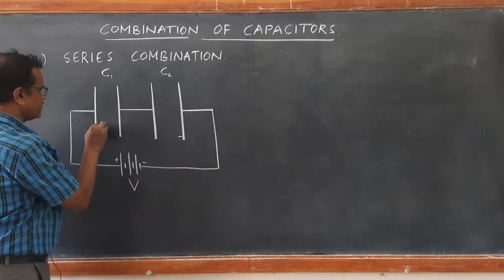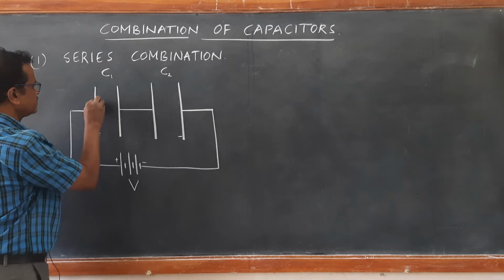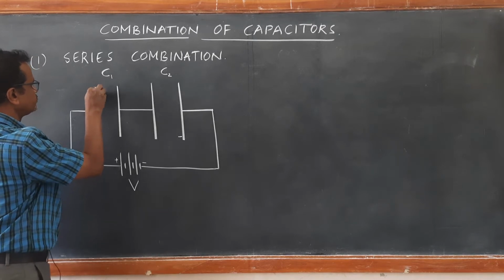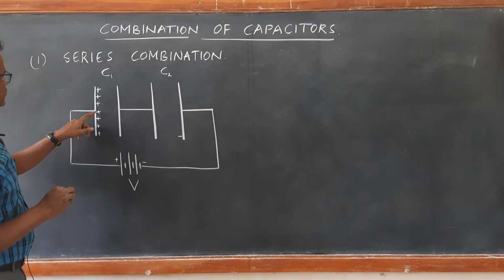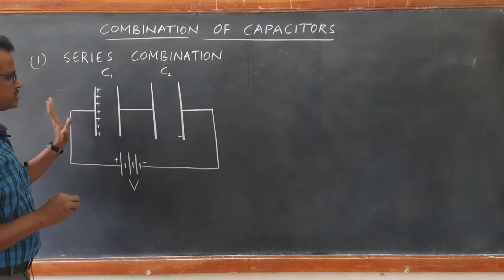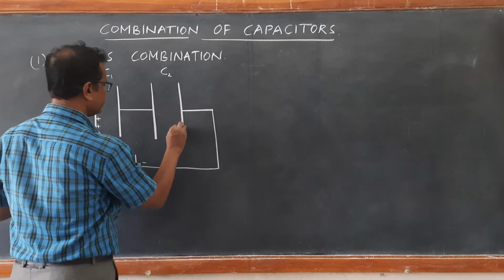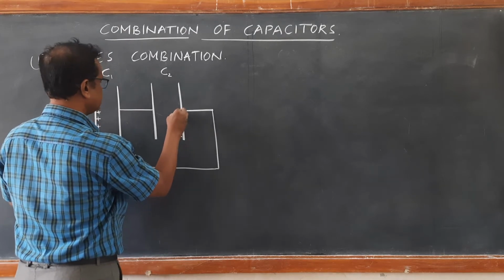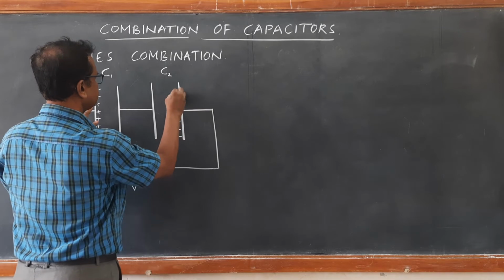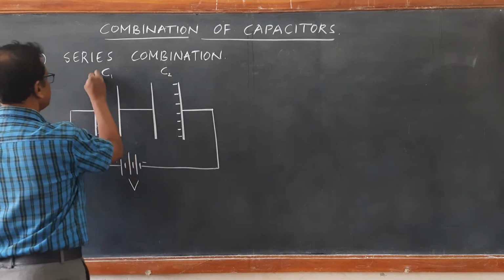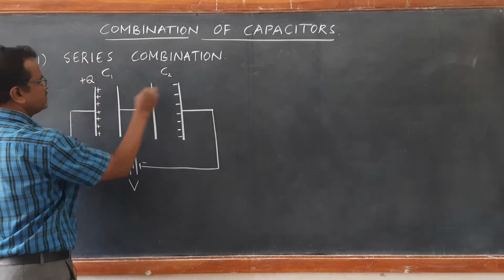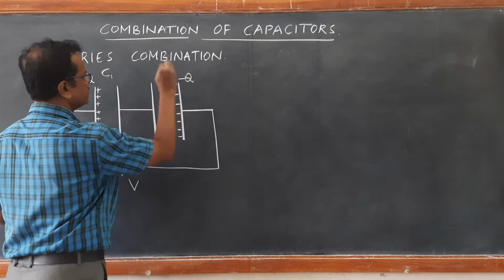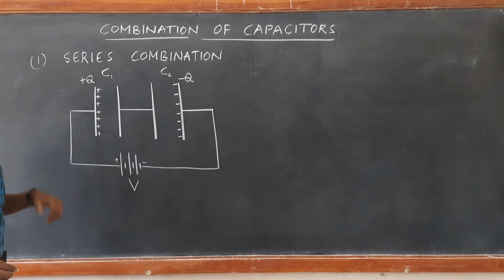So if there are, let us say, q amount of charge, 1, 2, 3, 4, 5, 6, 7, I have just drawn 7. Ultimately you will find 7 electrons getting deposited here. So if the amount of charge is plus q here, you will get minus q here. In this way the charging starts taking place.